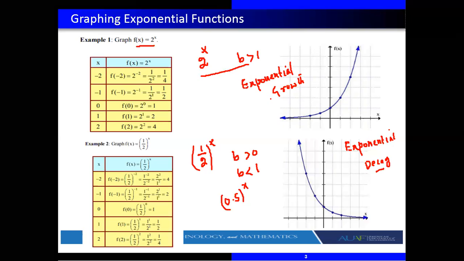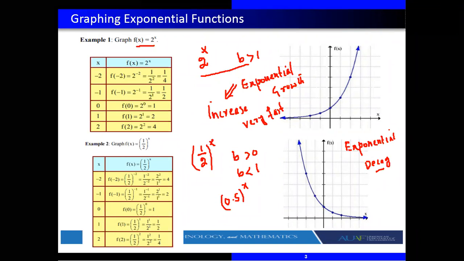Where do we use the exponential function? What does exponential growth mean, and what does exponential decay mean? Exponential growth means something increasing very fast, like the production of bacteria and viruses, which increase very rapidly.